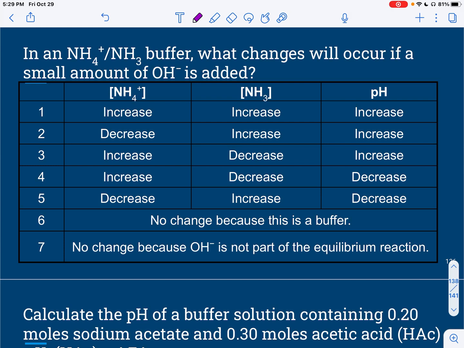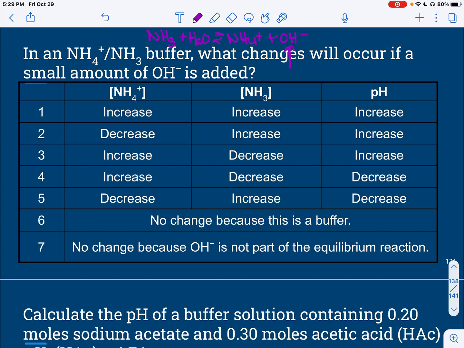So here, if we had a buffer, our weak base, conjugate acid, our reaction would be this. You could also write it from the weak acid perspective, it doesn't matter. What will happen if a small amount of OH minus is added?